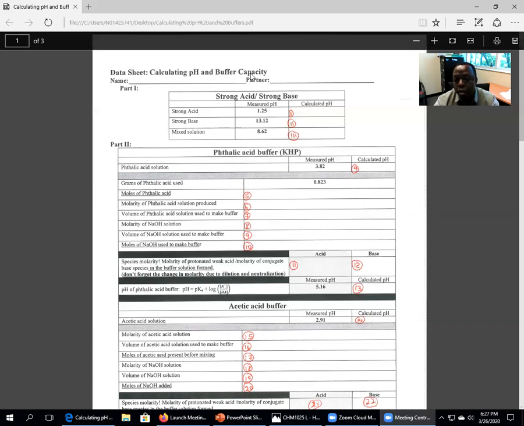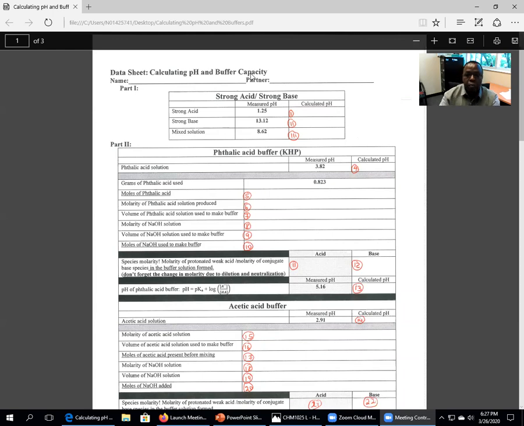So scientists or chemists actually prepare buffer solutions in a lab using a weak acid and its conjugate base. You will never make a buffer solution using strong acid and strong bases.